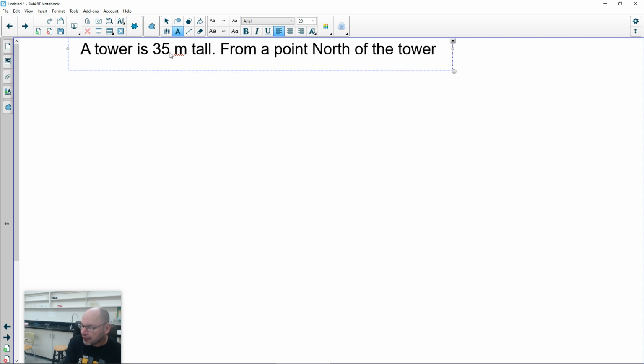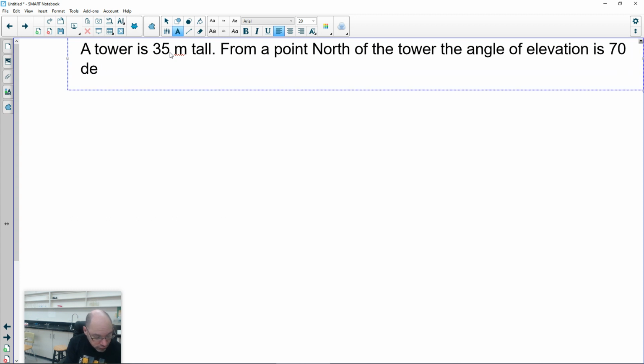From a point north of the tower, the angle of elevation is 70 degrees.